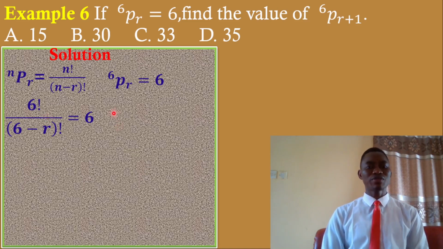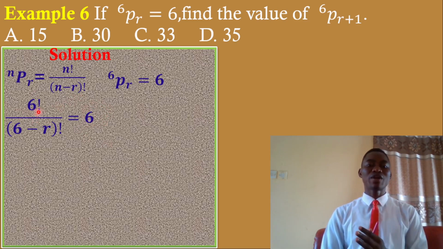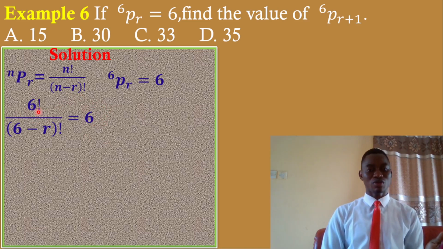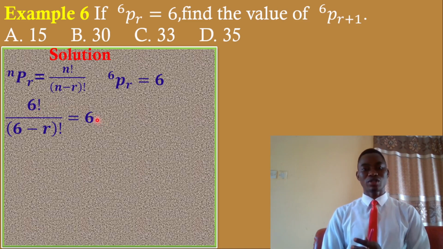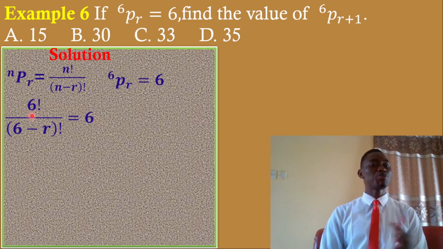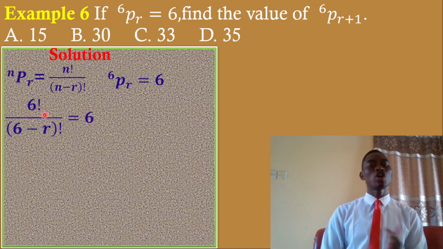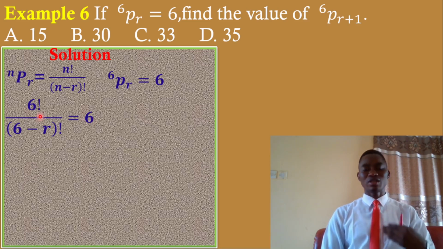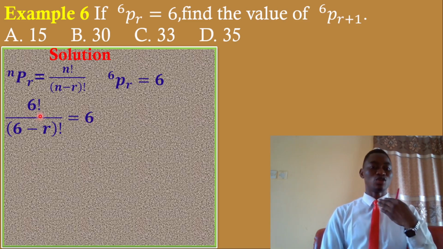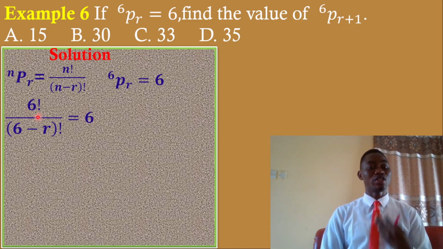As you can see, we have 6 at the right hand side. So if there is a way we can work on the left hand side to have 6 standing out, so that 6 can cancel out 6, or so that we can divide both sides by 6, it will really help us. So that's the goal, or the destination.